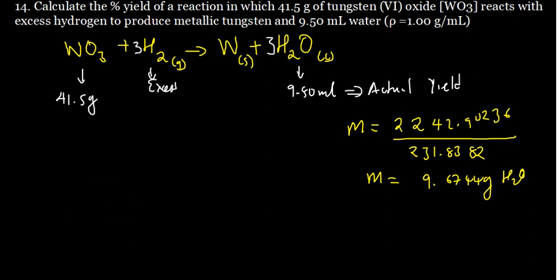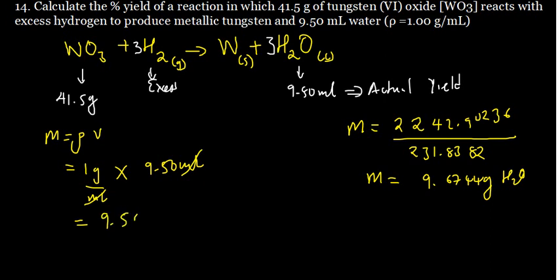Now, the actual yield of water given is in terms of volume. We also know that mass is equal to density times volume. So the density given is 1 gram per milliliter times the volume given, that is 9.50 milliliters. So this will cancel with this, meaning that the mass of water produced is 9.50 grams of water.